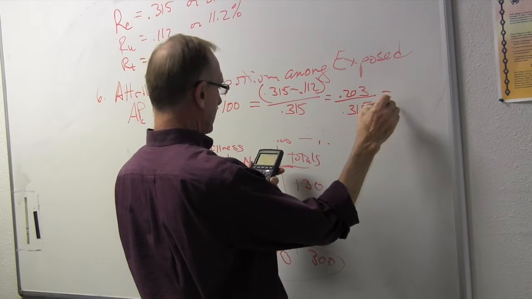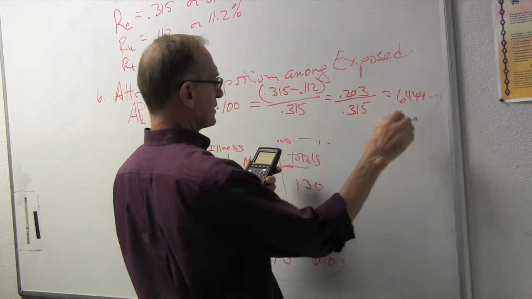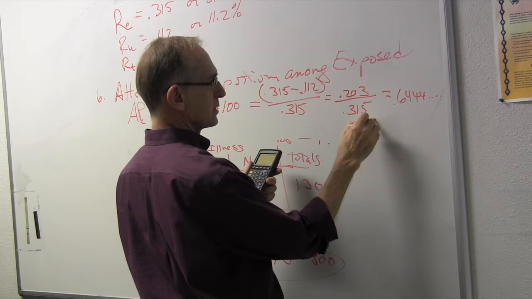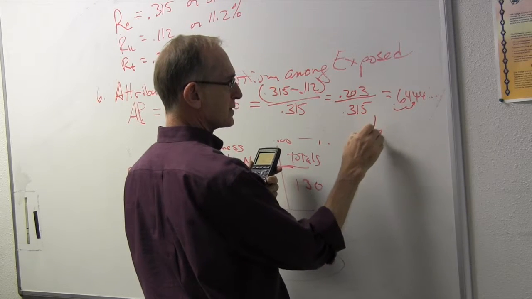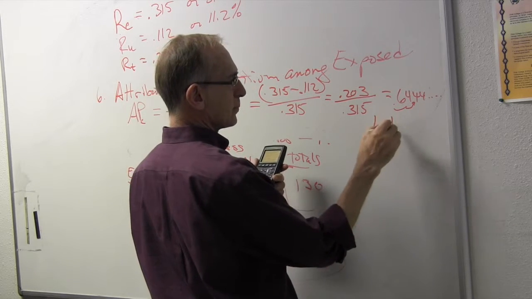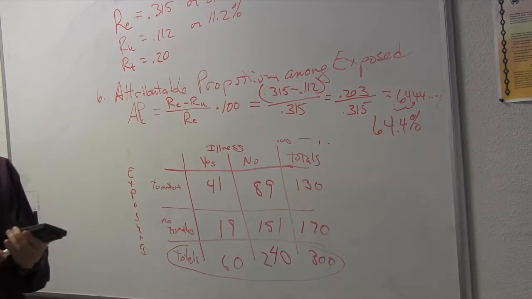So we get a 0.6444. So we're going to convert that into the percent, right? Moves the decimal point 2 places, 64.4%. So that is the attributable proportion, right?